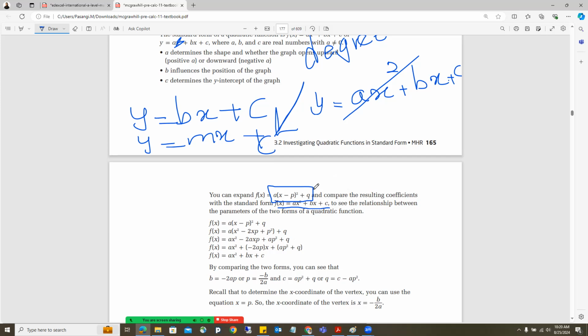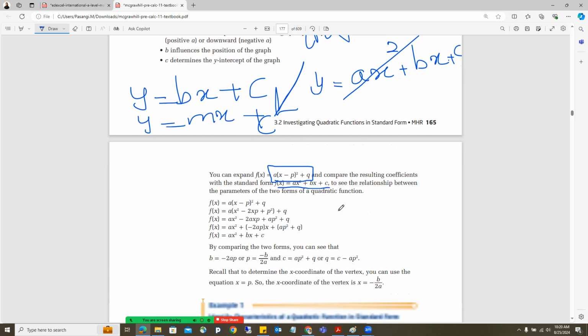These are the two forms we have already learned so far. Now we are going to find a relationship between the parameters of these two forms, the vertex form as well as the standard form.